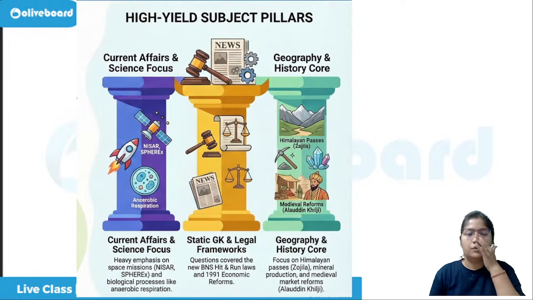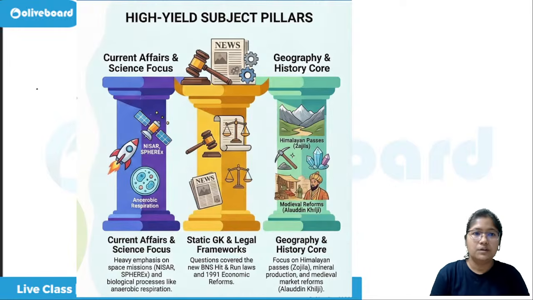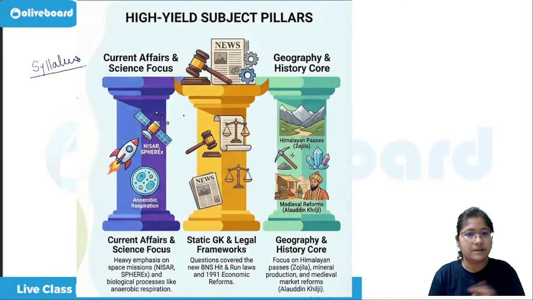So, first of all, coming to how to bring down the huge and scattered GS syllabus into something which you can call syllabus completion. When we say first go ahead with the syllabus completion, that means first complete the basics.